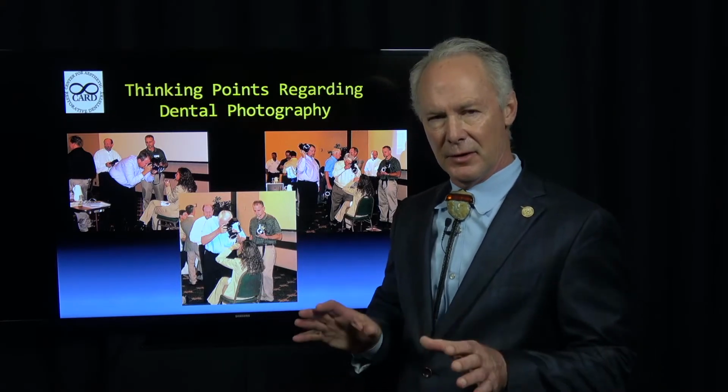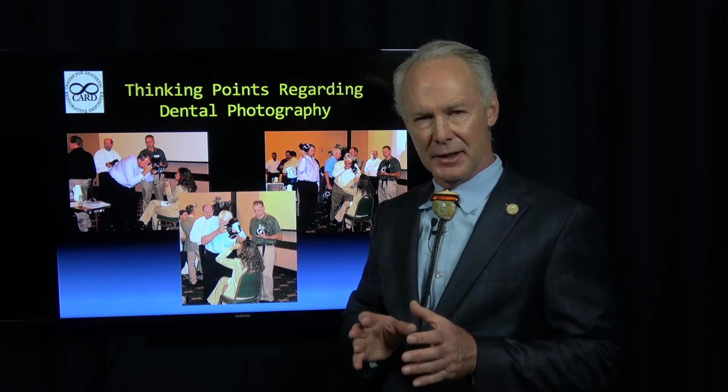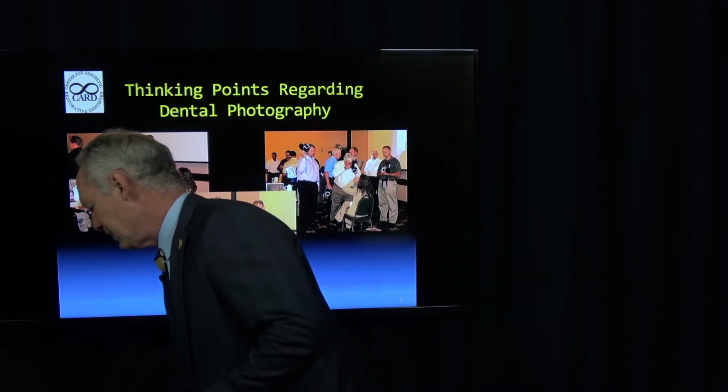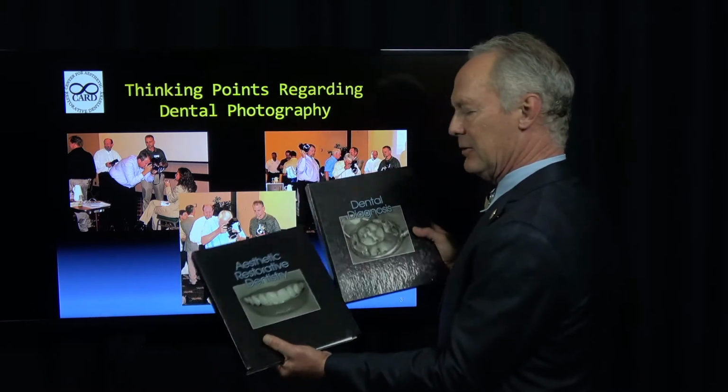These excellent photographs taken with a diagnostic camera can double your practice the right way within a short period of time if used in conjunction with the dental diagnosis and the aesthetic restorative dentistry books.